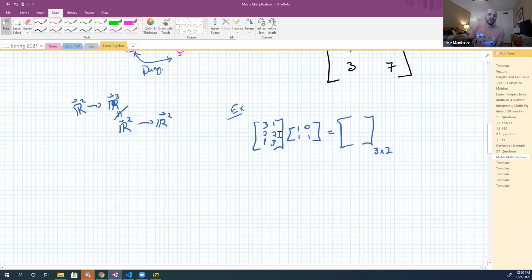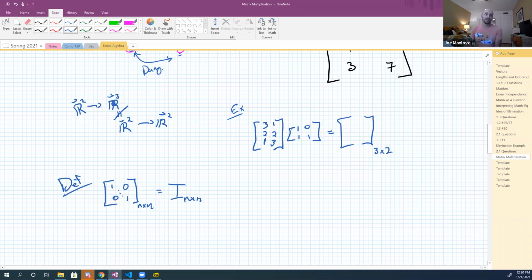Okay. Last thing last. The matrix that's ones down the diagonal and zeros elsewhere is denoted with I n by n, which is said identity matrix in R n.